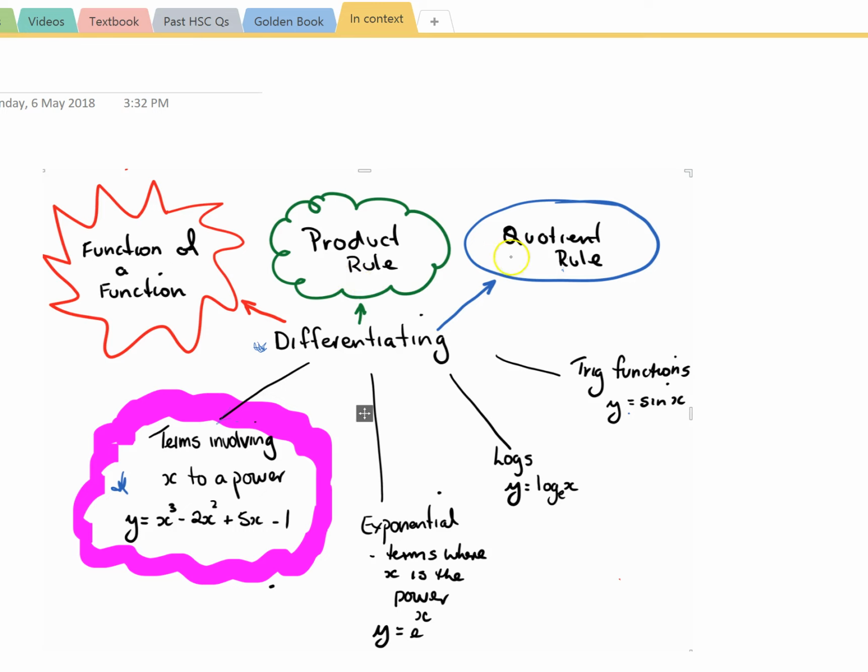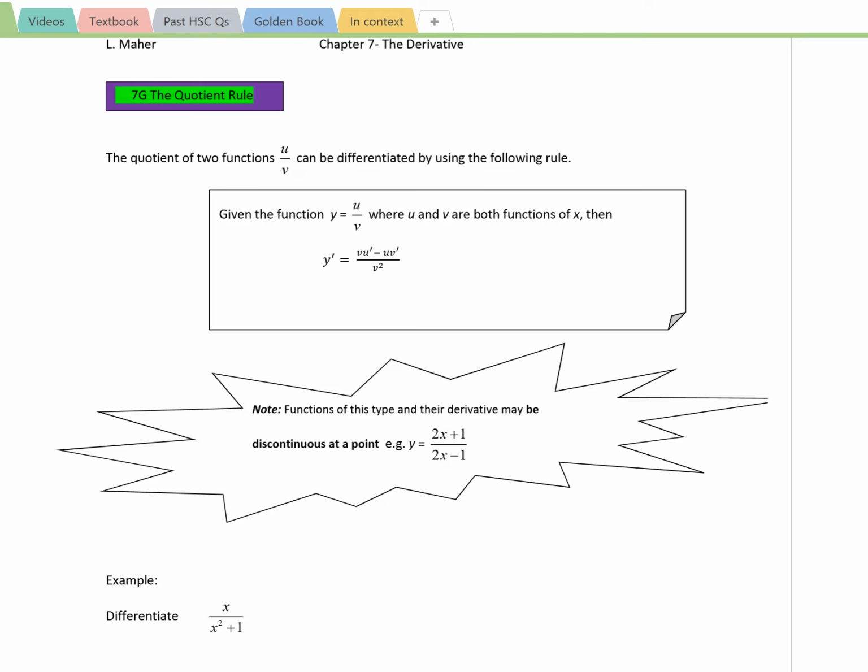So we're moving on to having a look at the quotient rule. And it, I would have to say, is a little bit easier to recognise. We now have a quotient, which is a fraction, so one thing divided by another, which if it was written as f of x on g of x, for example, x cubed minus 5x all over x squared plus 2, that would clearly be where f of x was the numerator and g of x was the denominator.